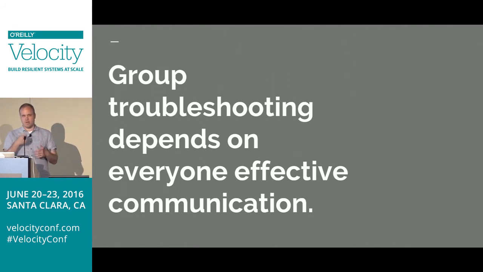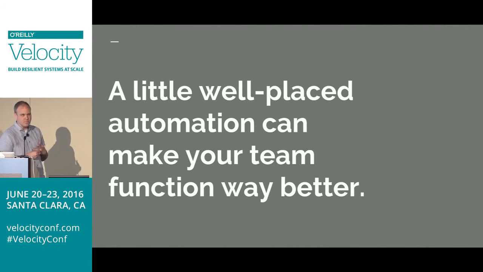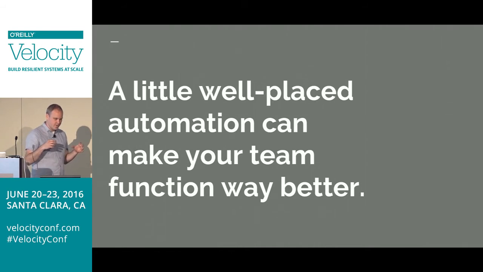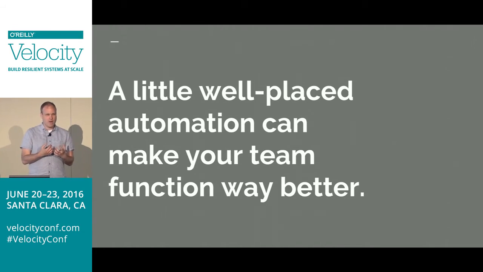So group troubleshooting, if it's going to happen well, depends on very effective communication so everybody is in the same place on the issue. And I'm going to show how if you understand where you need to put your automation, it can be very effective. But you have to know why you're doing it.